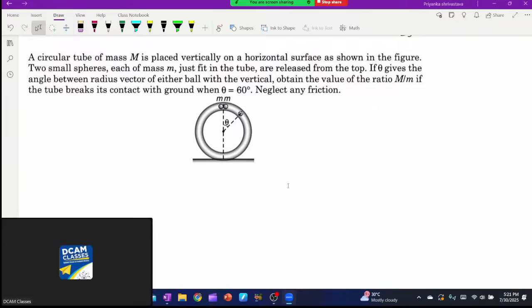Sir, M by m is 1:1. No, they're saying M by m is 1/2.